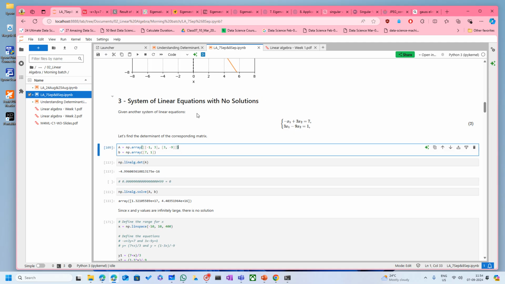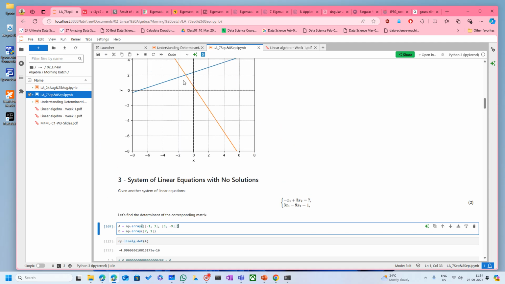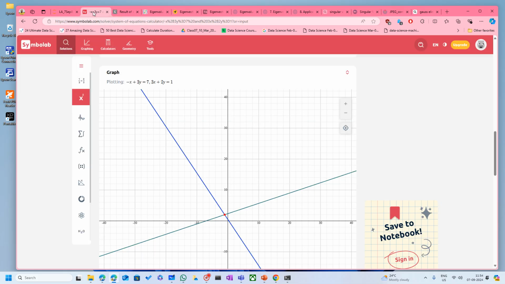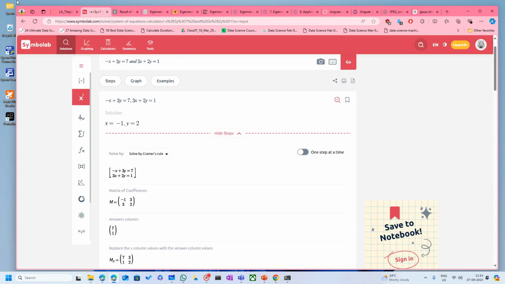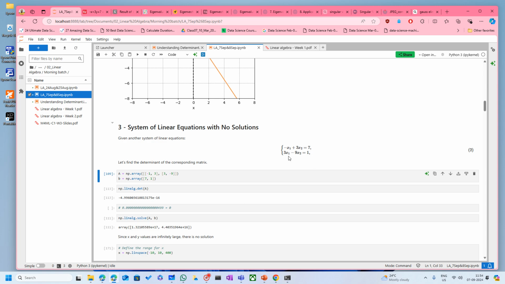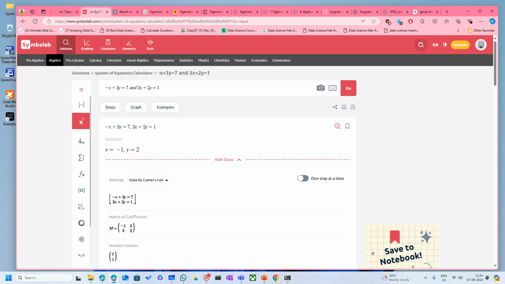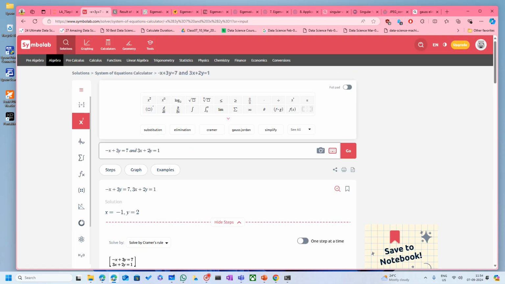So here, one solution means they are intersecting. What does no solution mean? That we will see. Let's go back to the same set of linear equations and modify the second equation to 3, minus 9y and 1.